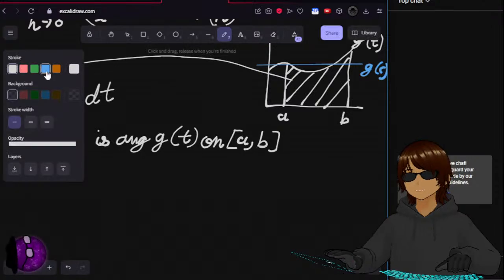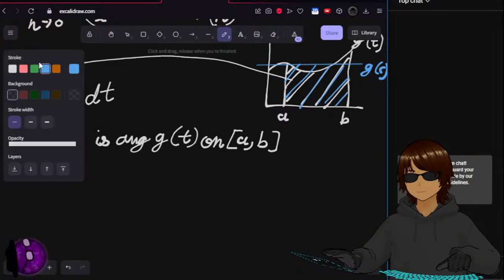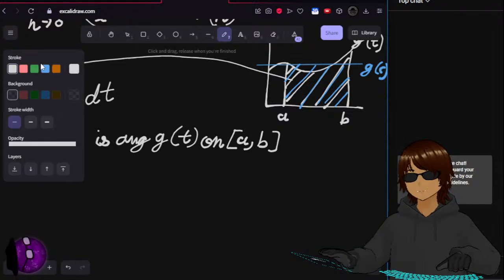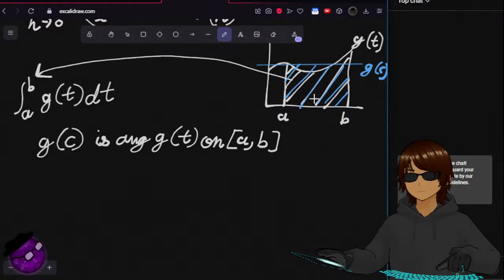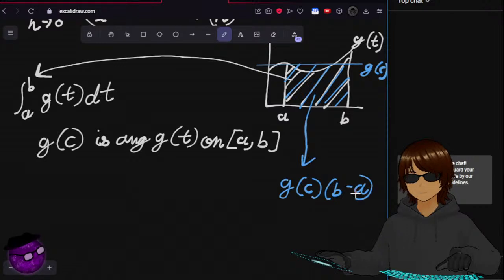So the area of this is g of c times b minus a, basically the average area over here is equal to the area under the curve.